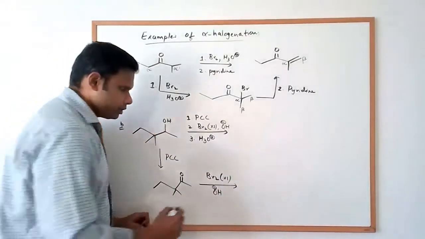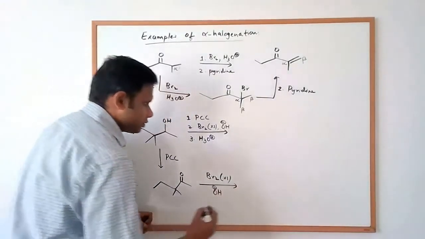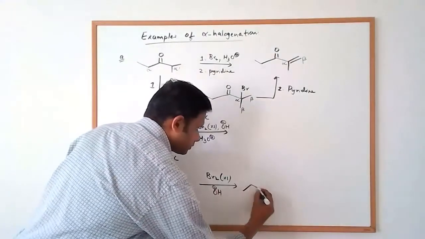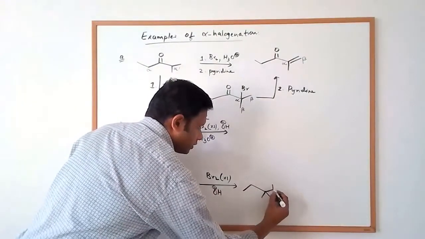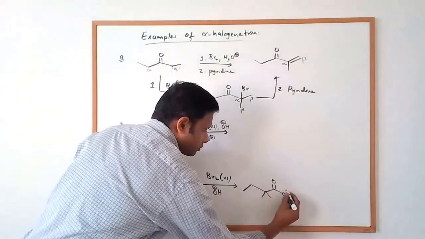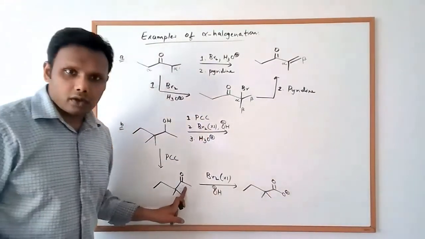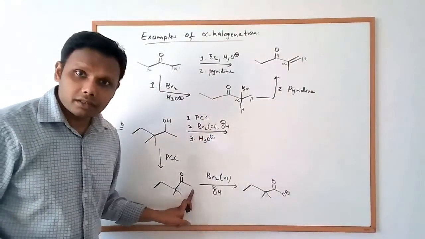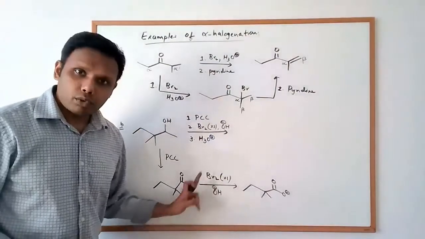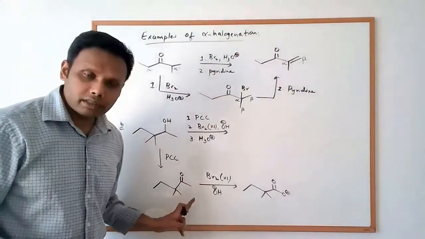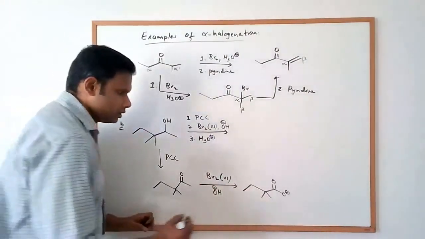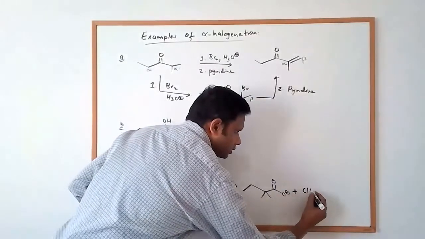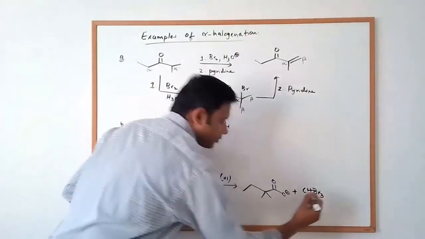So when we do that bromination, this is going to convert this into the carboxylate ion. Because this is a methyl ketone, this bromination is going to convert the methyl ketone into a carboxylate plus bromoform.